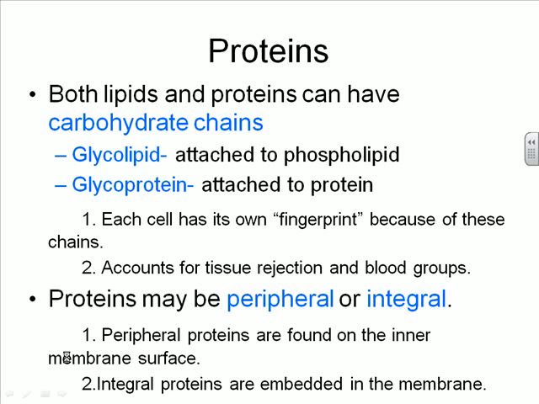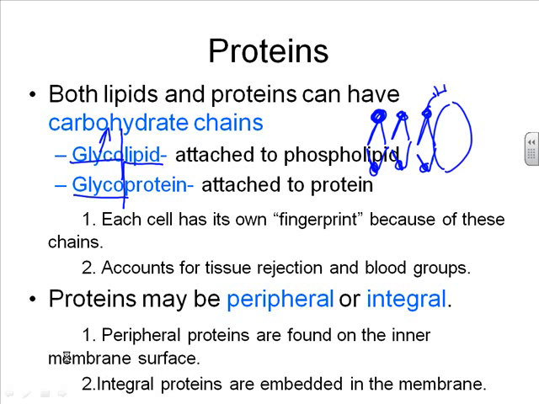Now, the carbohydrate chains come in two forms. They can be a glycolipid, that's a carb chain attached to the fat, or they could be a glycoprotein, that would be a carbohydrate chain attached to the protein itself. Because if we looked back at that phospholipid layer, we have our phospholipid, but we also have proteins embedded in. A carbohydrate chain attached to the phospholipid portion is called a glycolipid.